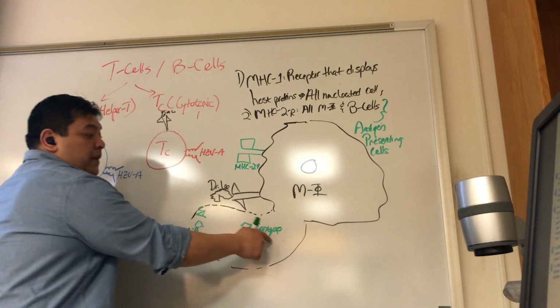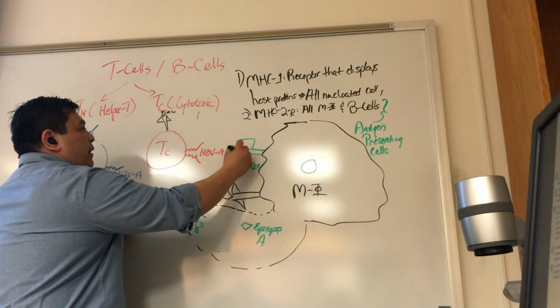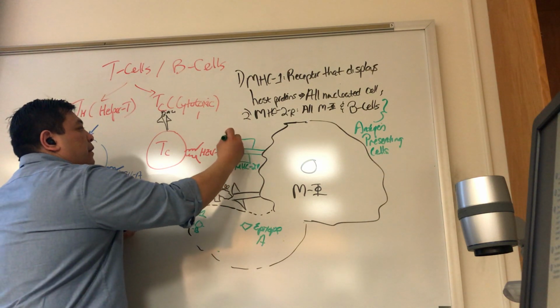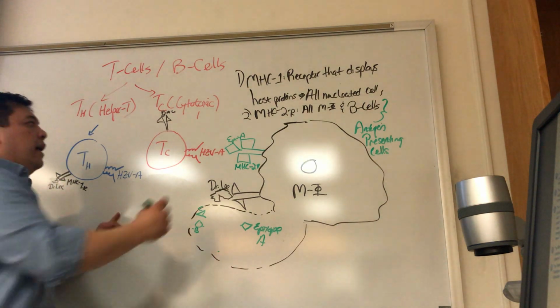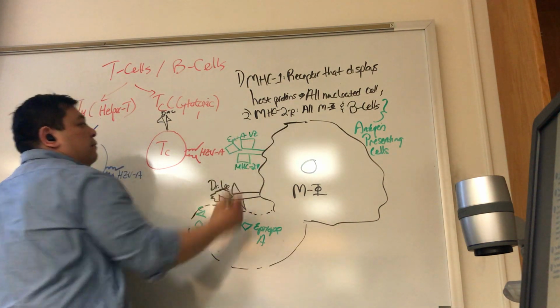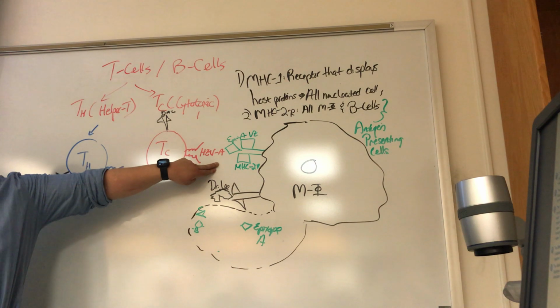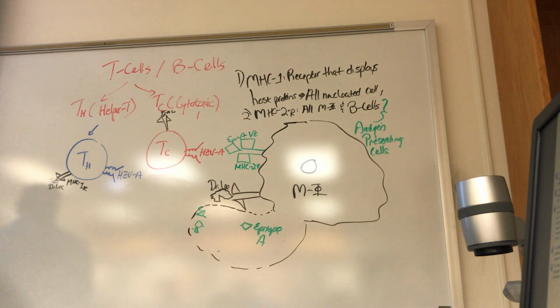So then you'll have epitope A over here, for varicella zoster. Now it's displayed on MHC2. So MHC2 receptors will only display foreign epitopes that have been processed from destroyed antigens.